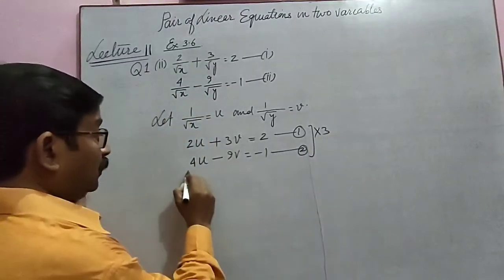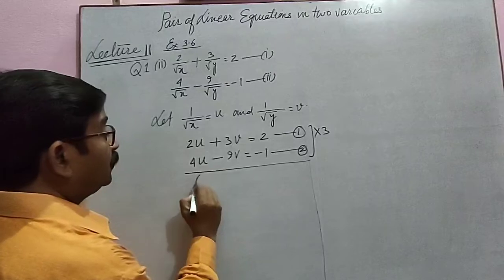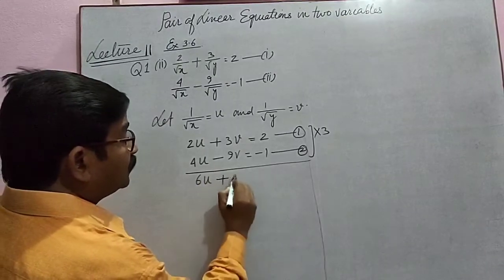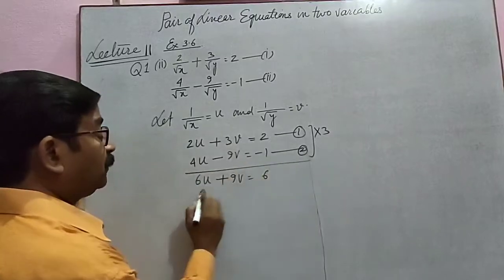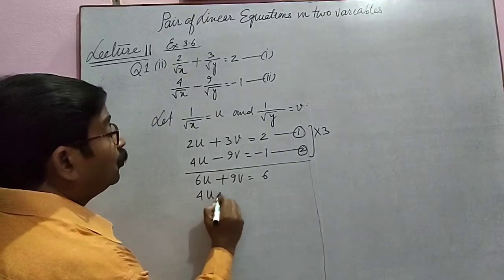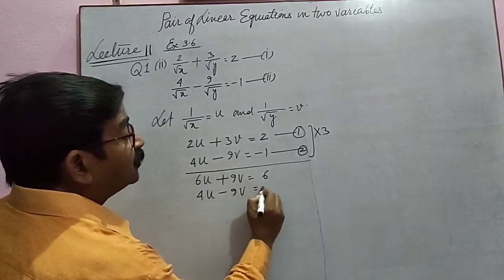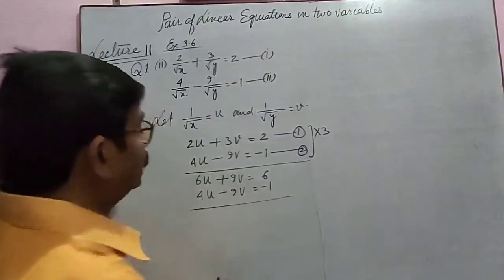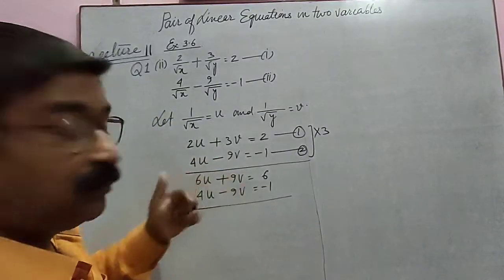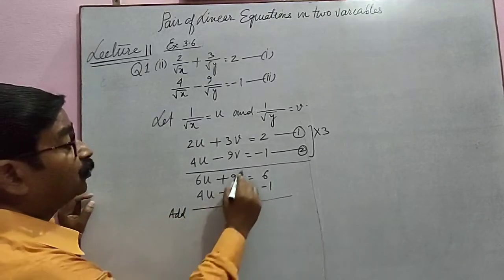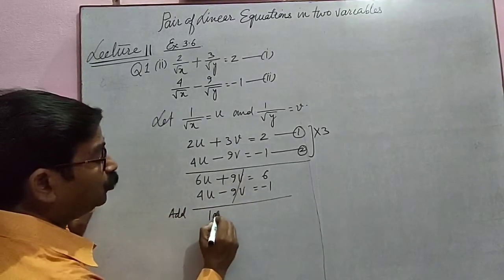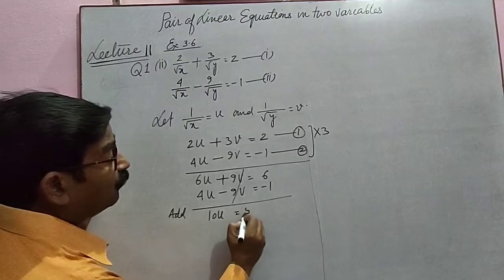Let's see. We have 6u plus 9v is equal to 6. Here nothing to multiply, so 4u minus 9v is equal to minus 1. Now these are minus 9 and plus 9, so we have to add. So this will go. We have 10u is equal to 5.